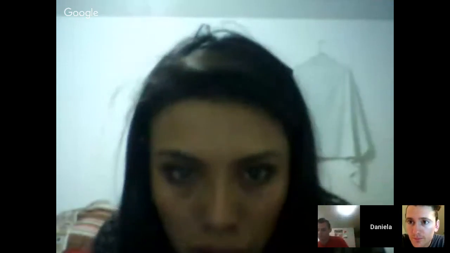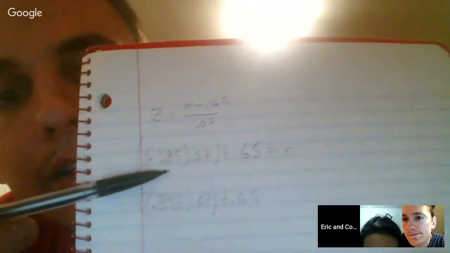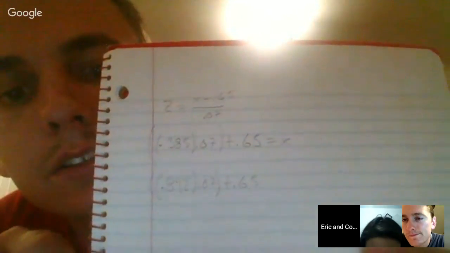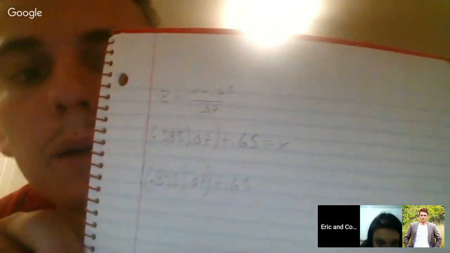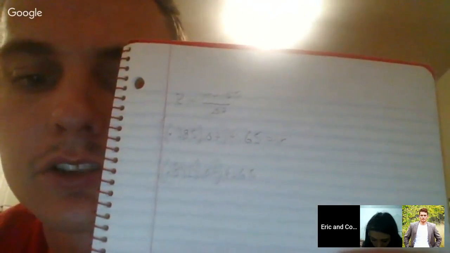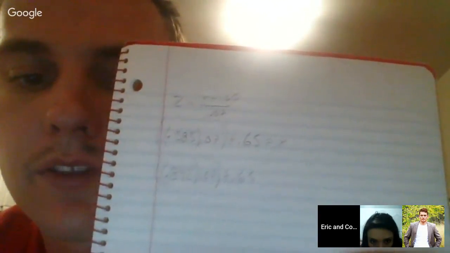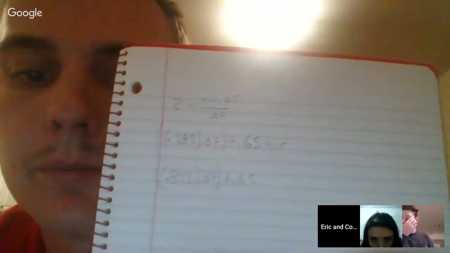Okay. And then if you see on the top one right here, that's the equation to find x. You multiply, but then you add. You multiply the z-score by the standard deviation, and then you add the mean. Okay.